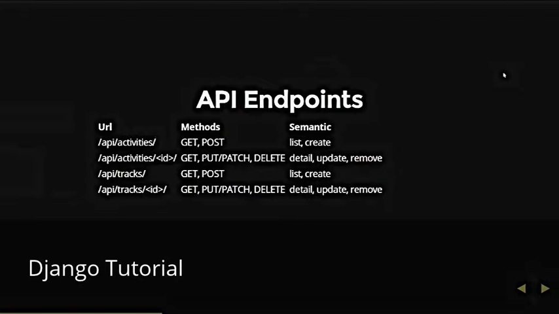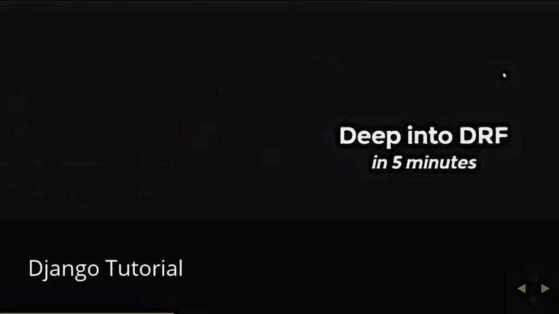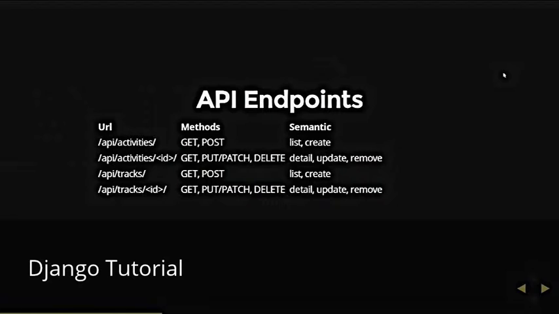On the most left column, the URL, the HTTP method supported, and the semantic meaning of each method. So, for example, the first row, you have /API/activities. If you send a GET request, you'll get back a list of the available activities.